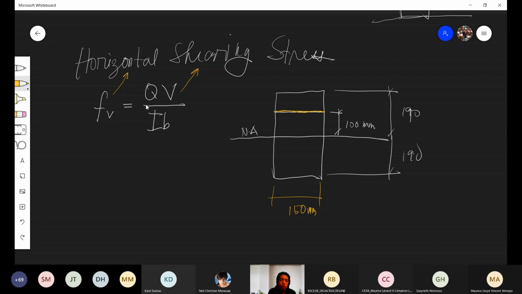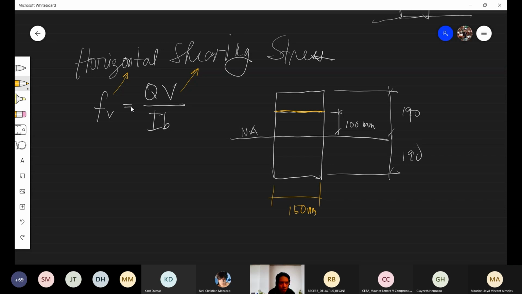Okay? Now, how about Q? Ano ito nga Q? Masahin lang pagkuhan ni Q. Q is the moment of the area above or below the fiber you are considering with respect to the neutral axis. So, parang halaba man, parang medyo malipong.